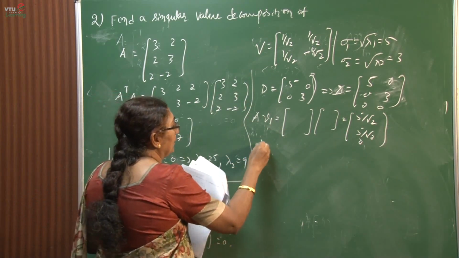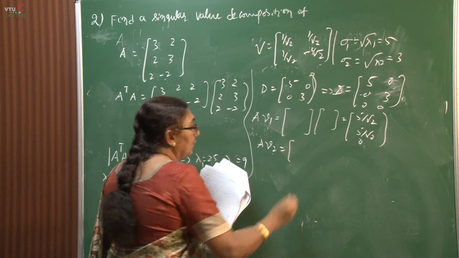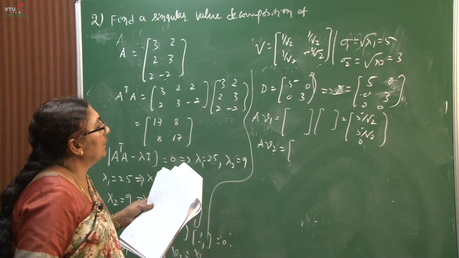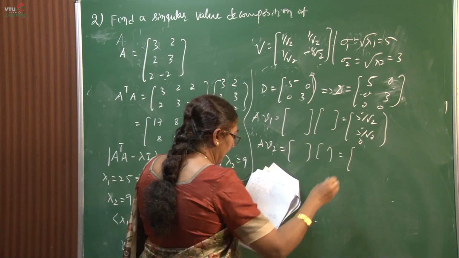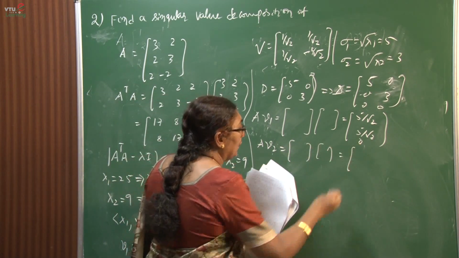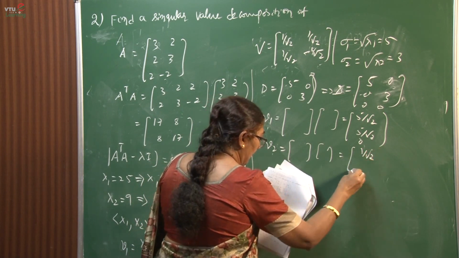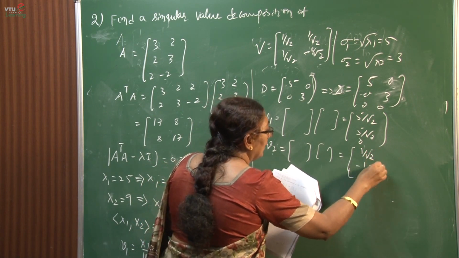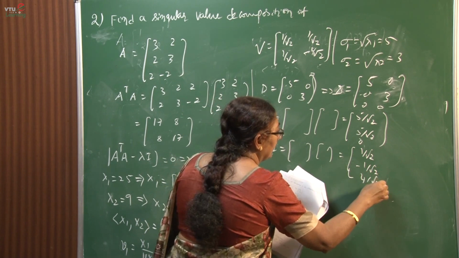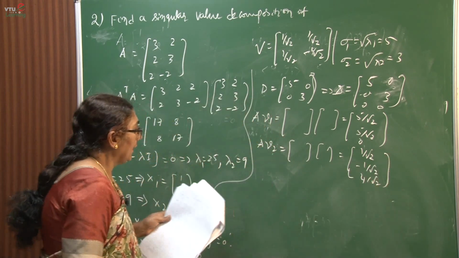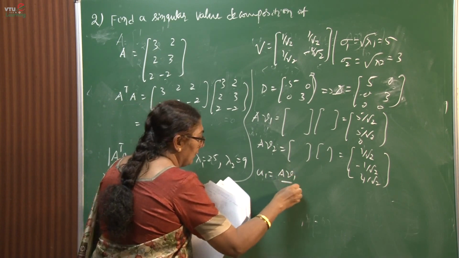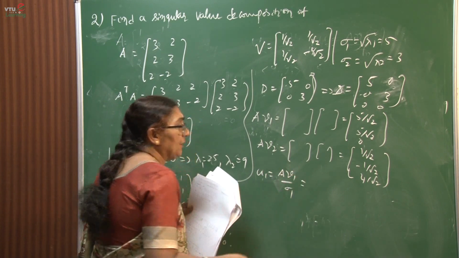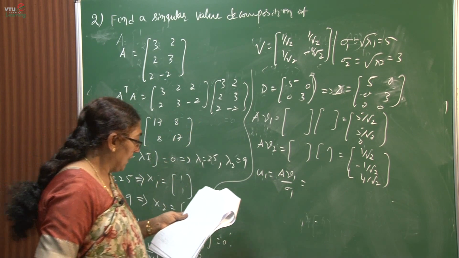Similarly, you take AV2, substitute A and V2, and finally we get AV2 as 1 by root 2, minus 1 by root 2, and 4 by root 2. Then you find U1: U1 is AV1 divided by sigma 1, and U2 is AV2 divided by sigma 2.